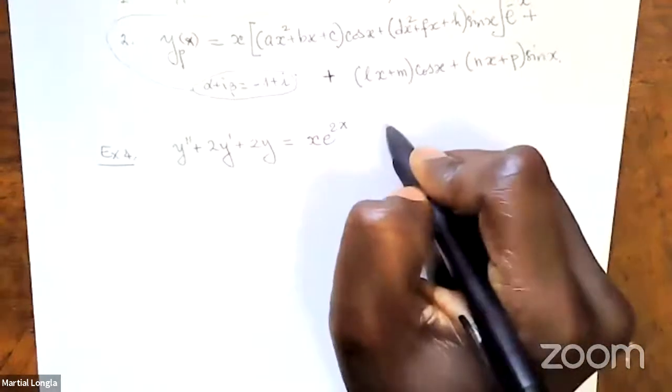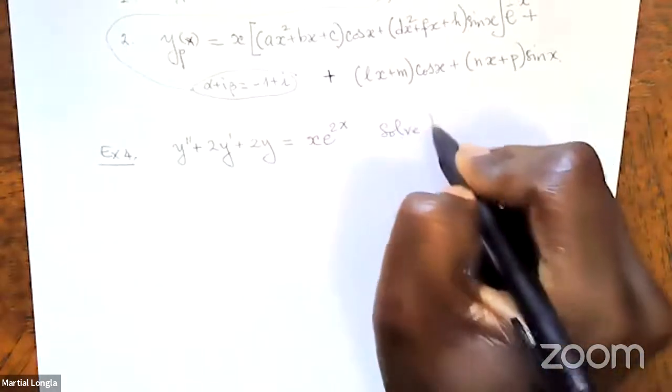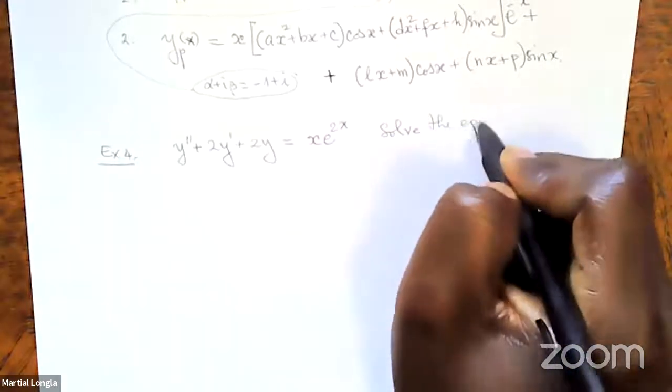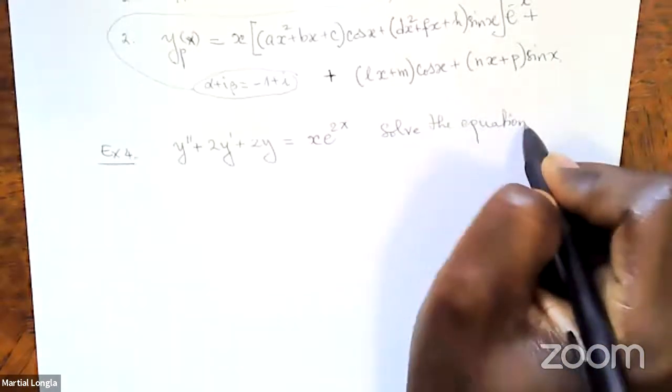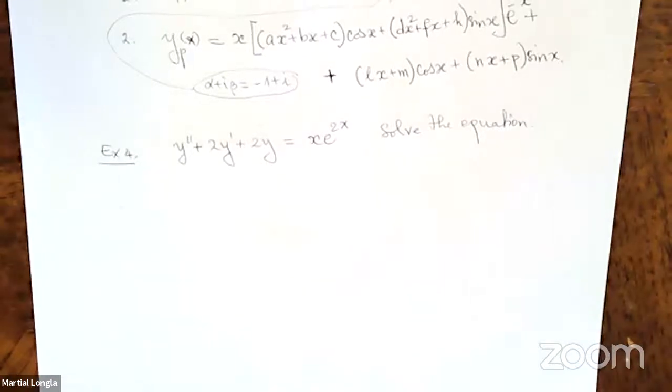And I say solve the equation, which means write the formula of yp as well, and then take those derivatives, track the coefficients, find yp of x, and then write the general solution.